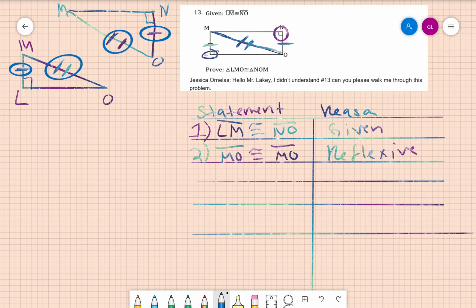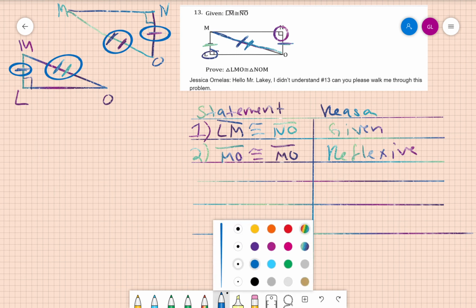And with it being a right triangle, that means that if we have a hypotenuse and a leg that are congruent, we can prove this by saying, let me go ahead and change back to what I had. This one.